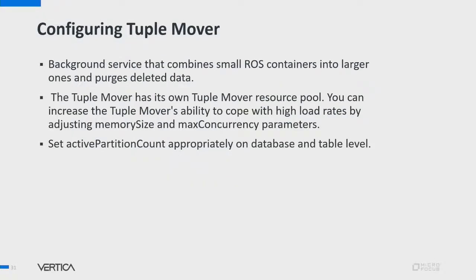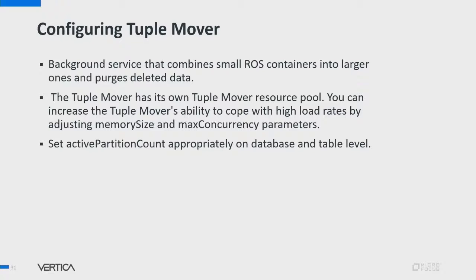Same goes with the tuple mover. Tuple mover is a background service that merges multiple small ROS containers into one single bigger ROS container. This is to reduce the overhead of opening and closing too many files when the database is processing a query for a table.